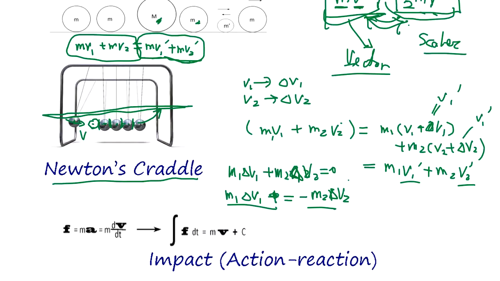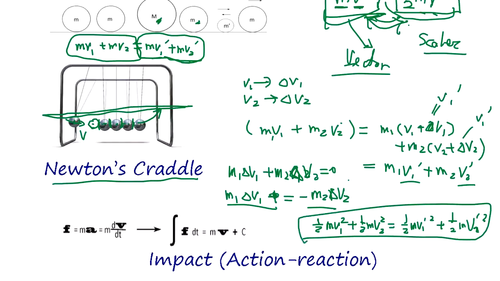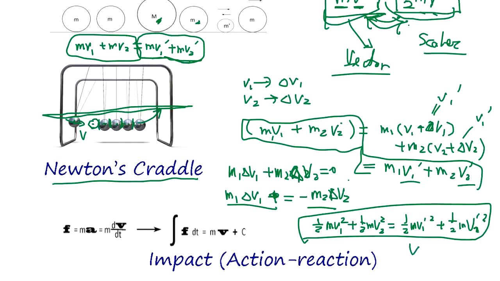Now, how do we find the unknowns? We have two unknown parameters, so we use energy conservation. With this equation and this equation, we have two equations to solve for v1 prime and v2 prime, so we can find the exact speed after collision.